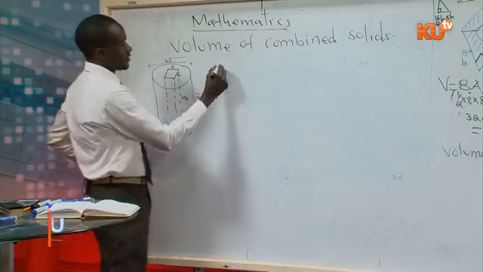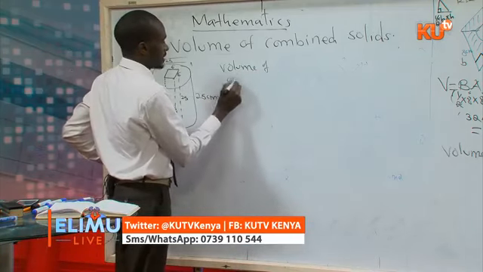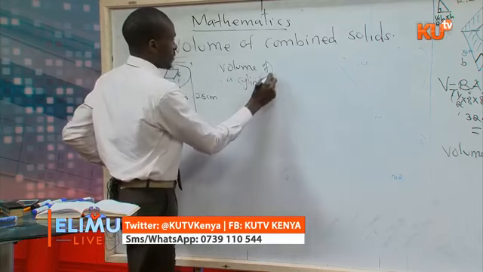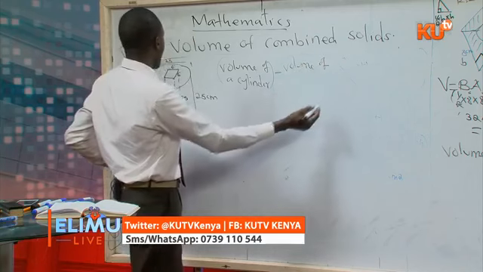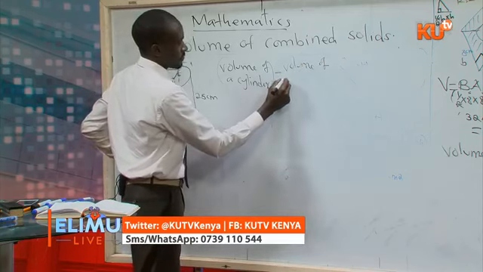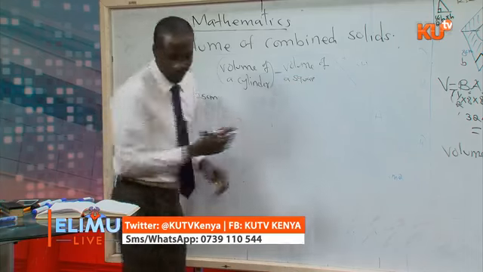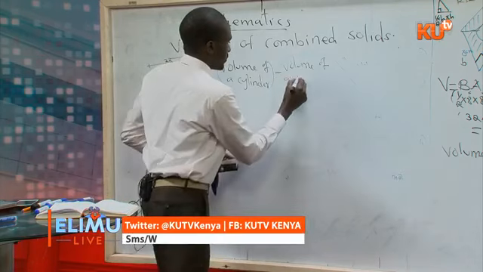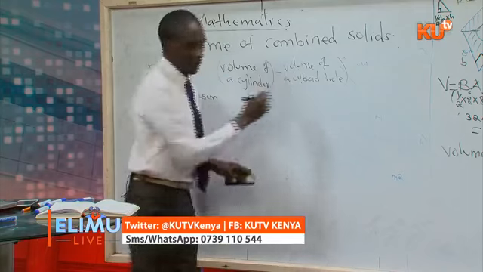What do I do? Find volume of a cylinder, take away volume of a square, volume of a cuboid hole.